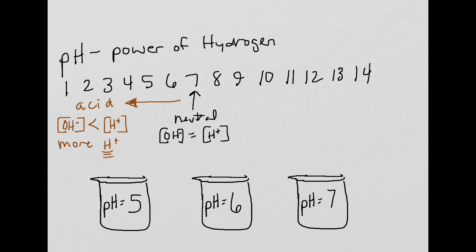Over on this side, I'm going to draw it in blue, basic blue. As we go up the pH scale, we are becoming basic, or there's base being added, and in that case, the concentration of hydroxide ion is going to be greater than the concentration of hydrogen ion.